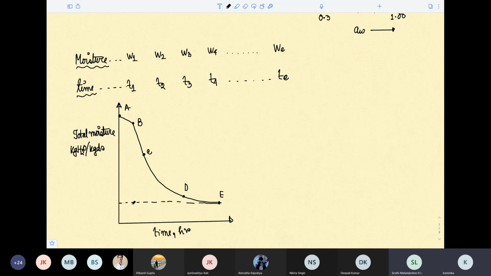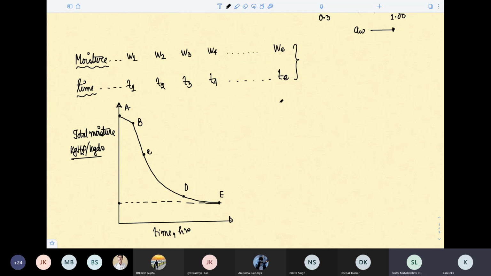So if we plot it, we will get this kind of curve. Now, when we talk about the total moisture in kg H2O per kg dry solid, we express it in terms of a different nomenclature.